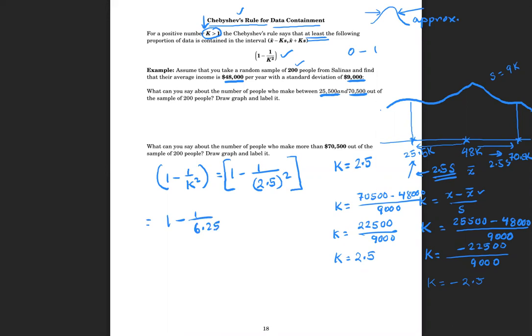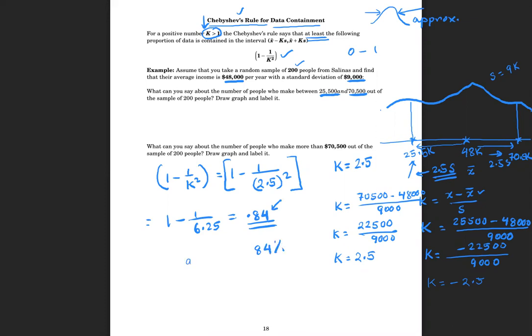If you simplify it, 1 divided by 6.25, subtracted from 1, that's 0.84. Remember, I told you that you could multiply it by 100 to get the actual percentage. So 0.84 is 84%.